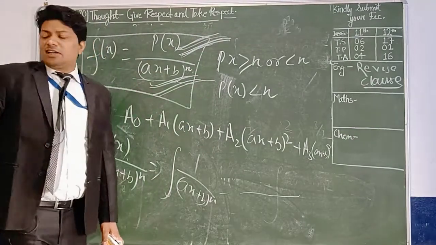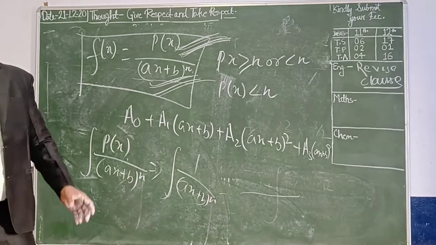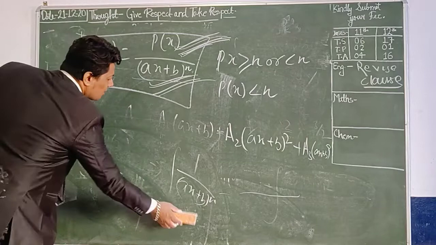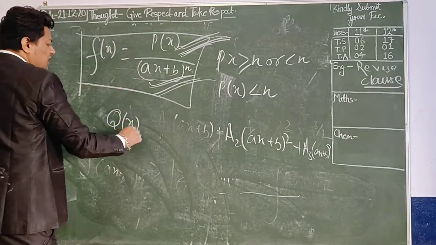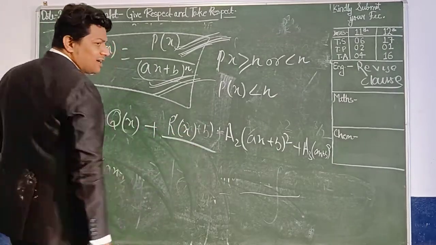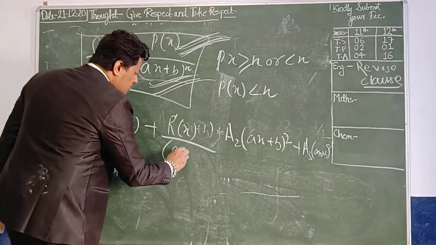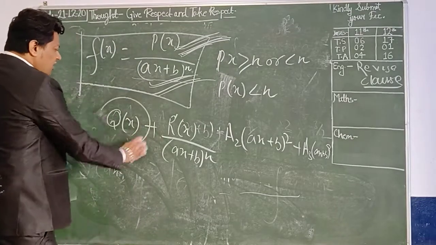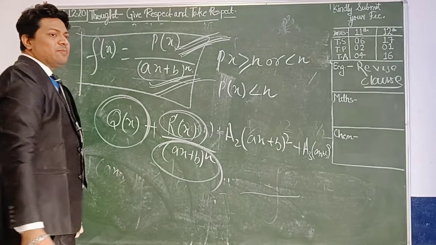And after division, you have to write in the form Qx. What is the meaning of Qx? After division, you will get Qx, the quotient, plus Rx. Is it clear? Rx divided by ax plus b power n. This one is the quotient, this one is the remainder, and this one is ax plus b power n.